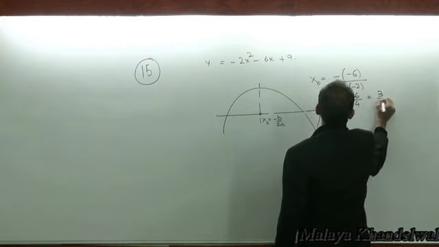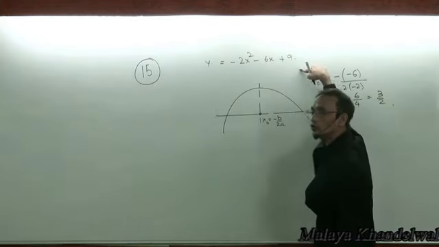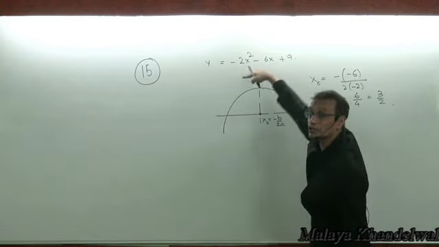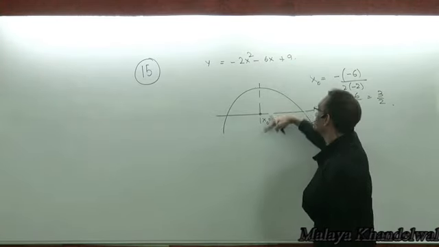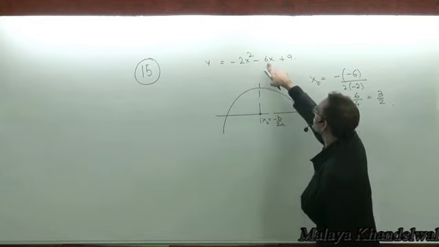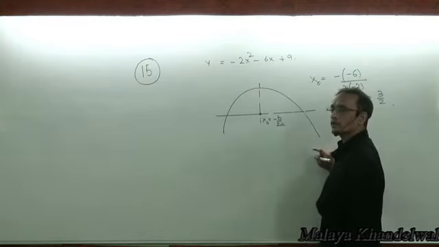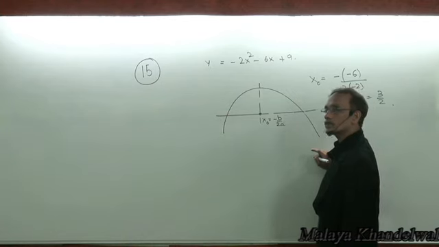It will never assume a minimum value, it will assume a maximum value at x equal to minus b by 2a, minus of minus 6 divided by minus 4. Yes or no? Confusion?